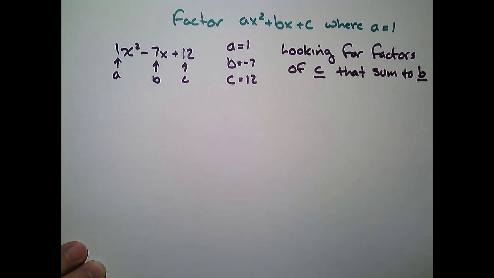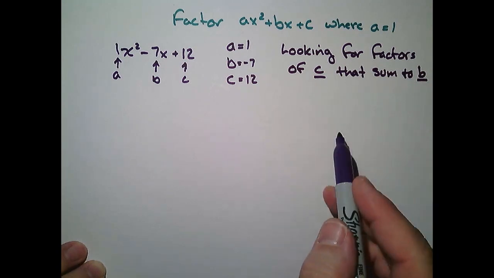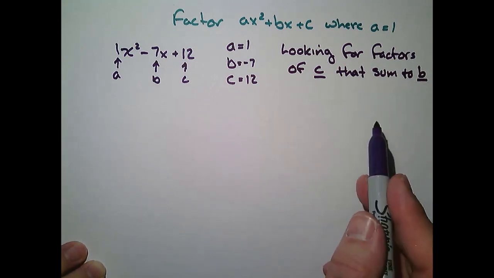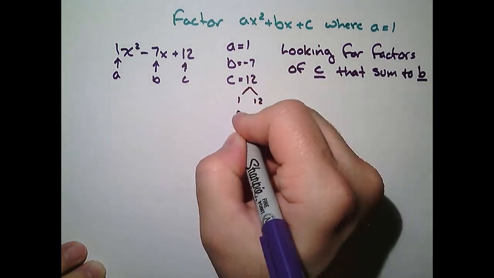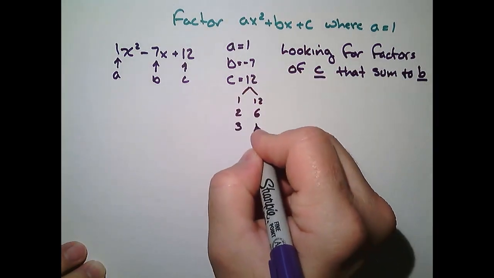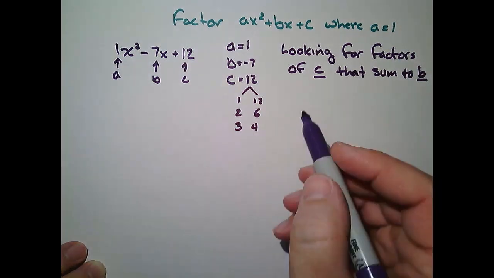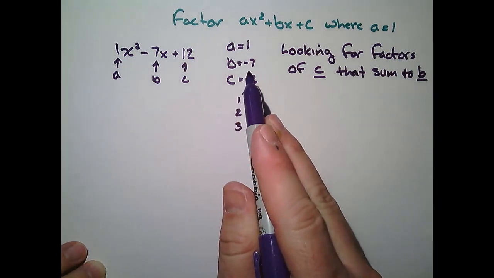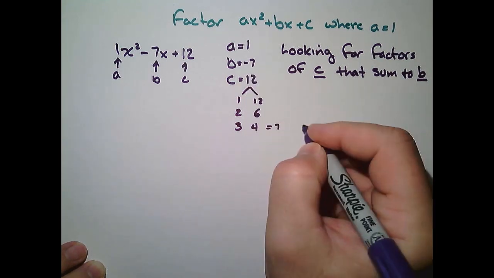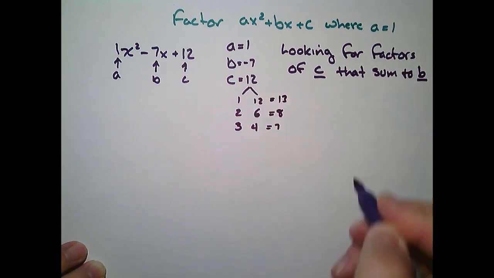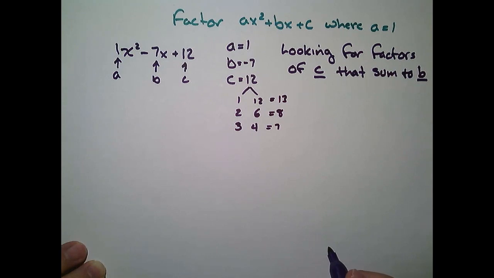So let's find our factors of c first. So we have 1 and 12, 2 and 6, 3 and 4. Well, Houston, we got a problem, because none of those factors add up to negative 7. We've got 7, we've got 8, and we've got 13.